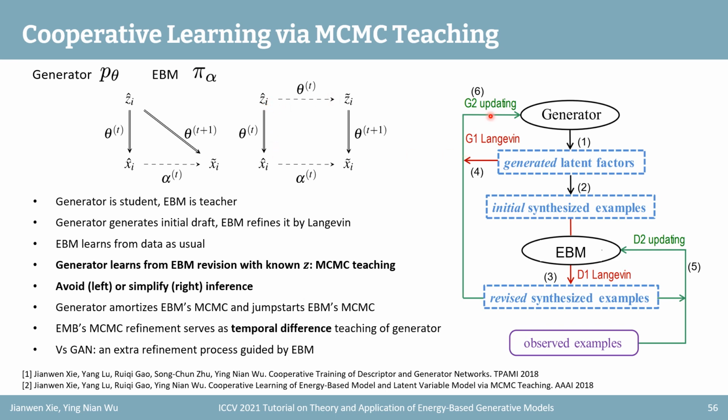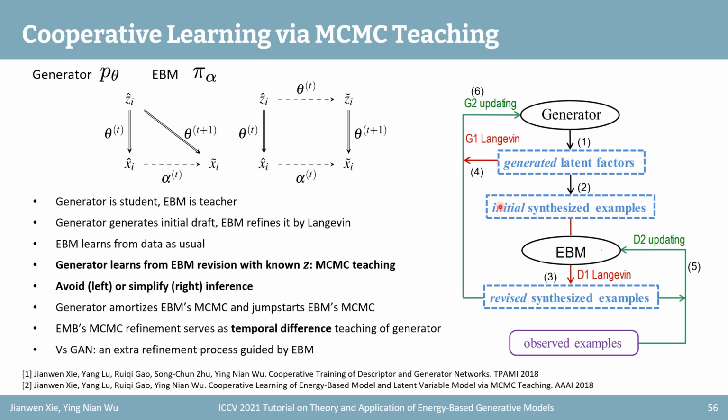Okay, so this diagram illustrates the basic idea of cooperative learning by MCMC teaching. So that is, the generator generates the initial draft from the generated noise vector. Okay, and then the EBM refines it into the revised synthesized examples. And then you compare the synthesized examples with the observed examples to update the EBM, just like how we learned the EBM before.